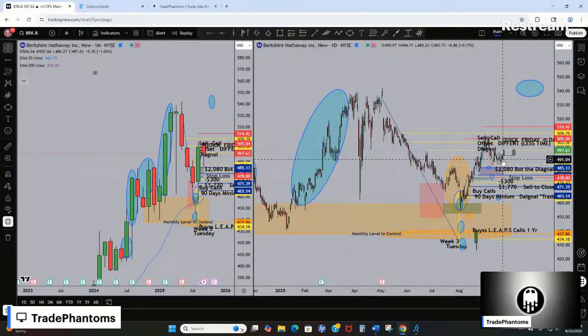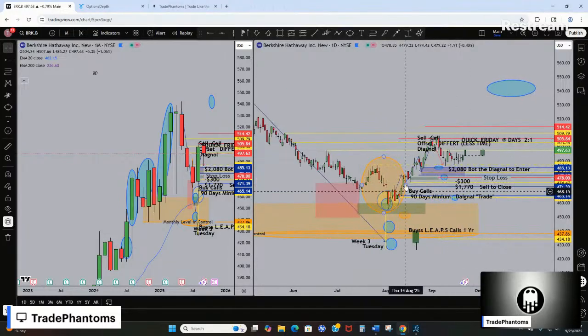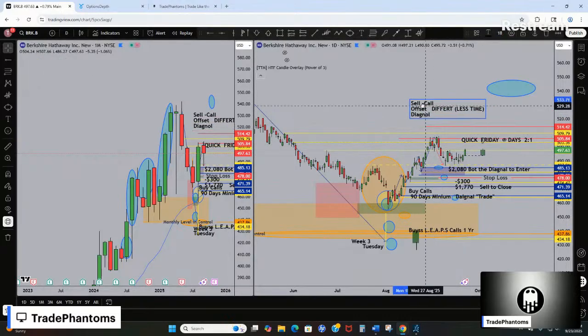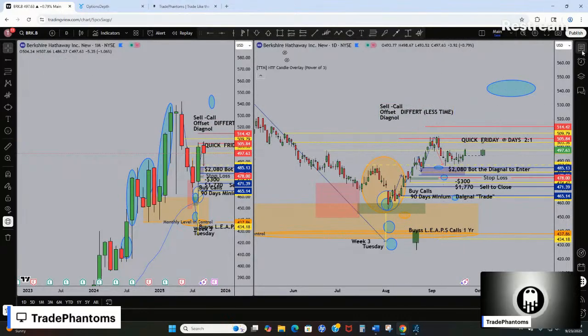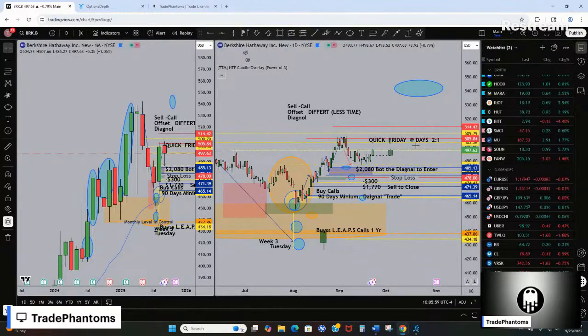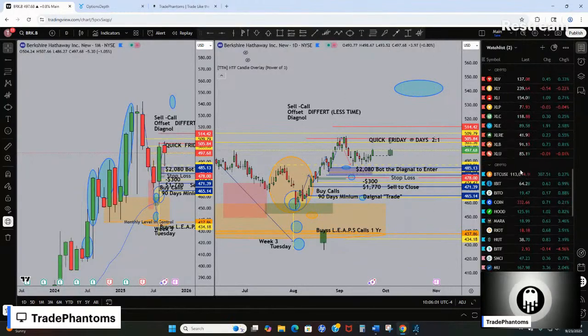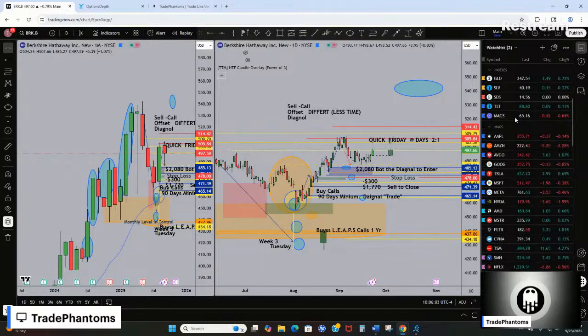It's rotating. It's happening. It's happening. It's rotating. Good job, team. Keep an eye on AVGO. It's creeping.